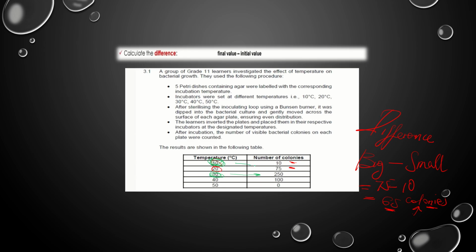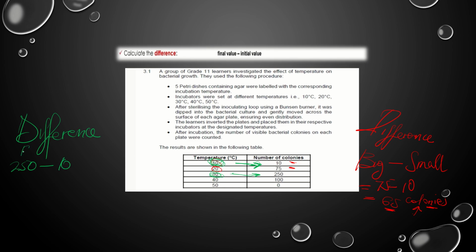Then now you look at the value at 10 degrees Celsius. And then the value at 30 degrees Celsius is 250 colonies. According to this formula that I've tried to simplify for you, calculating the difference, we're going to have 250 minus 10.